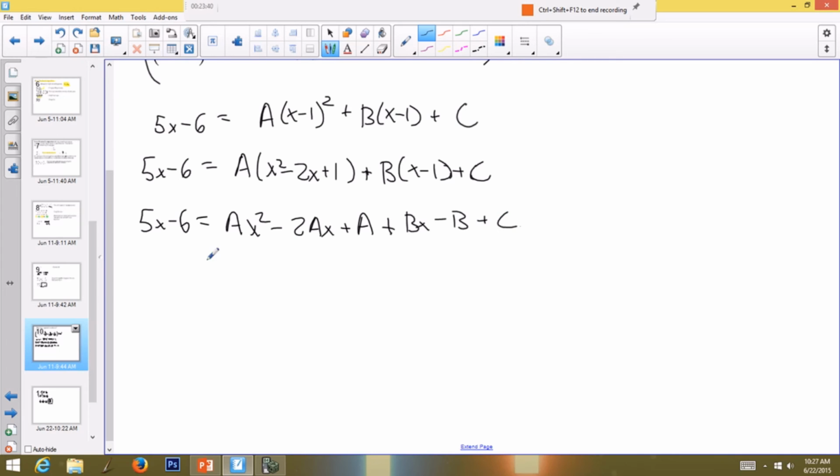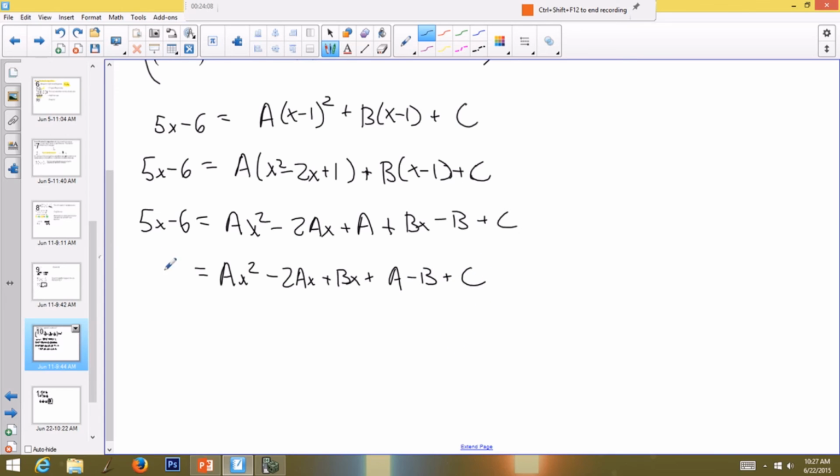So now I'm going to collect and get my quantities together here. I have a x squared, that's the only x squared term. And then I have negative 2ax, and then plus bx. And then I have plus a minus b plus c.